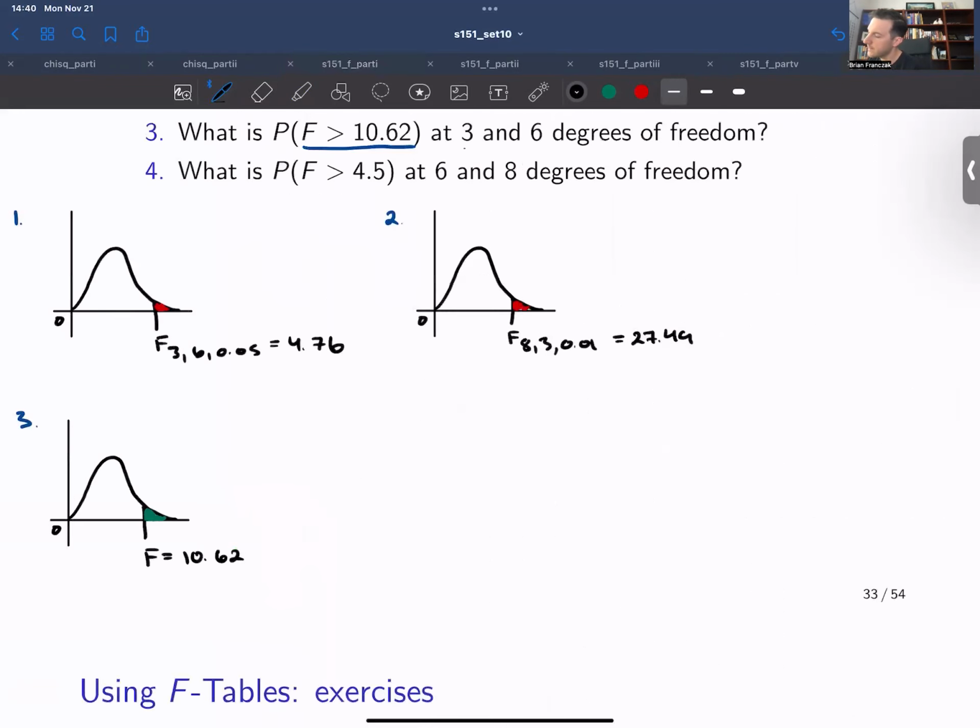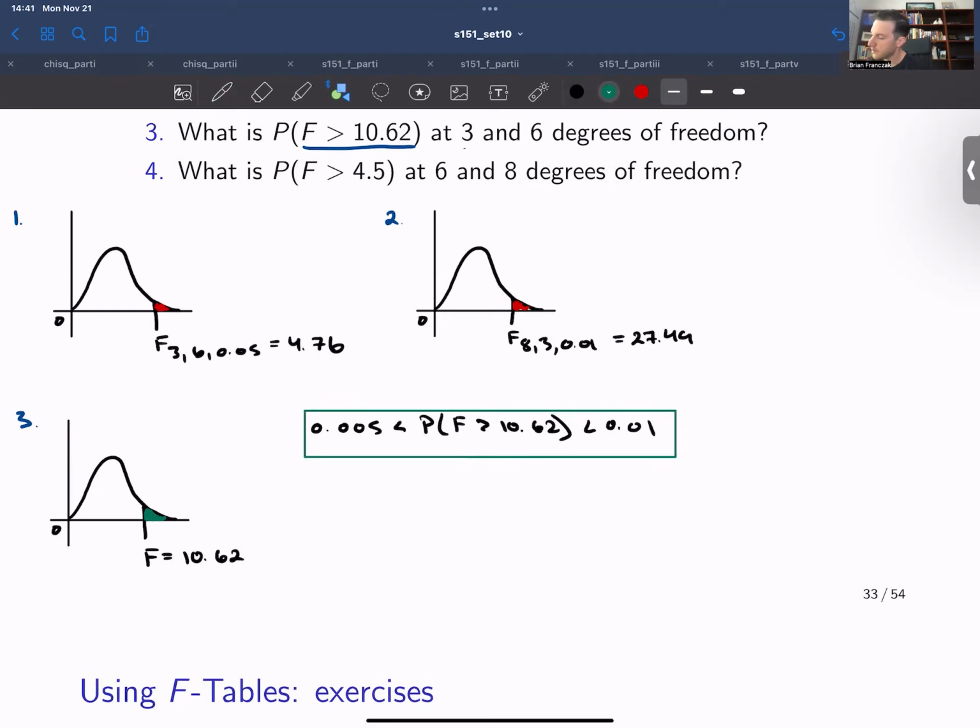So what we would write is 0.005 is less than the probability that F exceeds 10.62, which is less than 0.01. And that would be the solution to this problem.